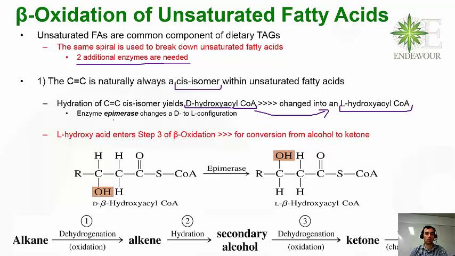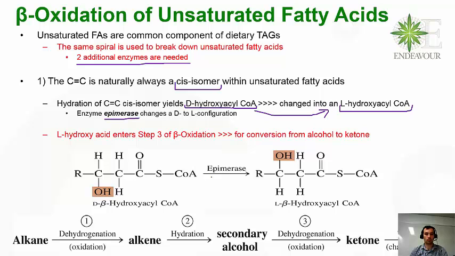So we're using an epimerase, which is actually changing the stereoisomer form from D to L. So we can see the representation of what's happening in this reaction down here. So we have the OH that was down the bottom is now at the top. So it's now the left-handed version.